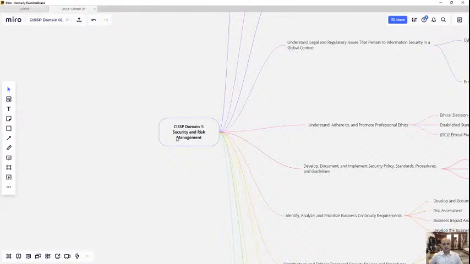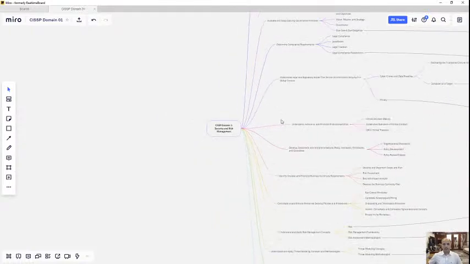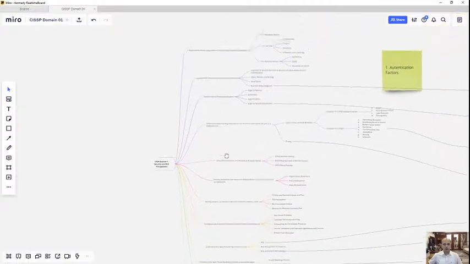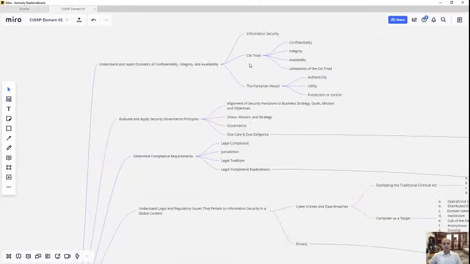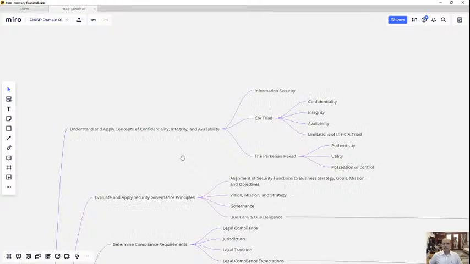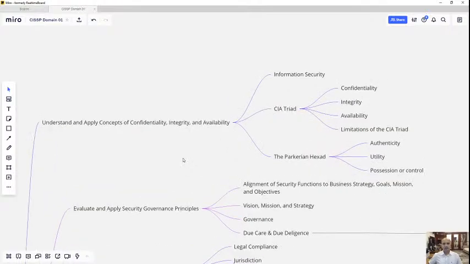So this CISSP domain 1, security and risk management, as we have already seen, has 12 topics. In each topic there are some subtopics or takeaways, so we need to understand those, right? The first one is understand and apply concepts of confidentiality, integrity, and availability. But within this particular topic itself, I need to understand what exactly information security is.